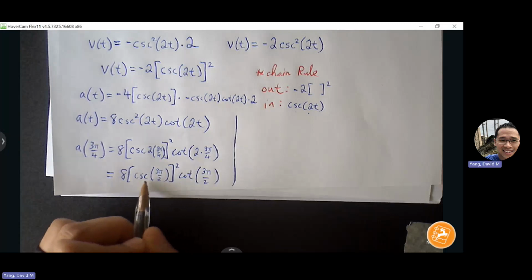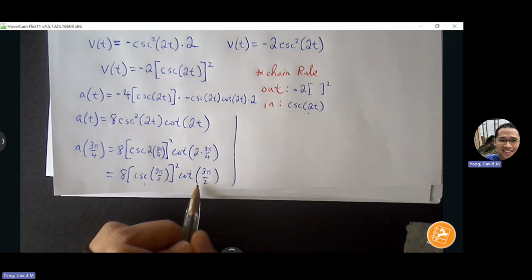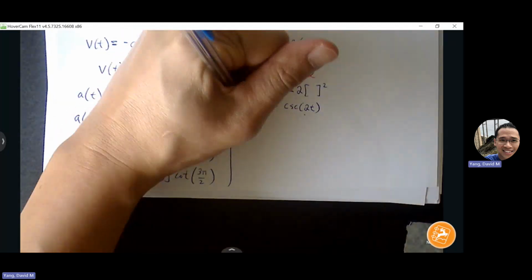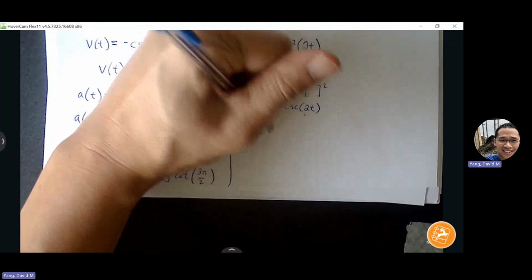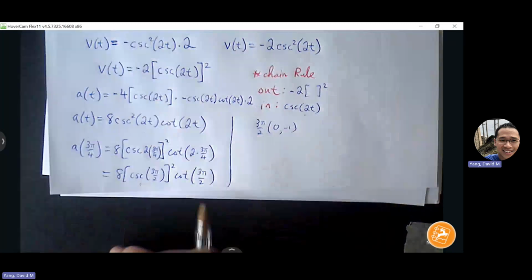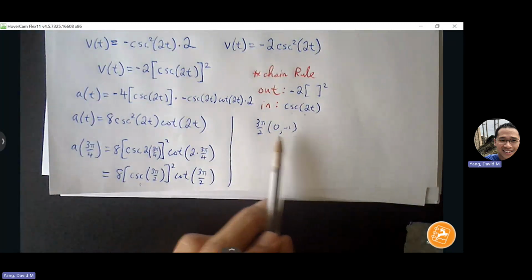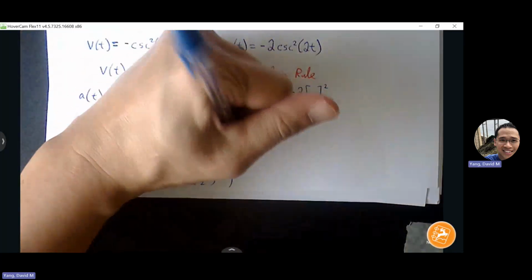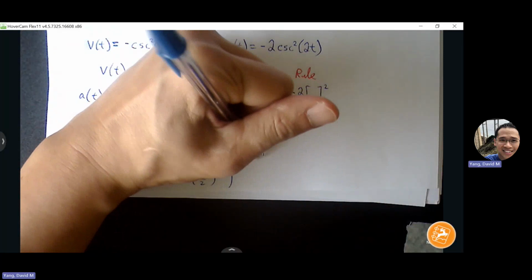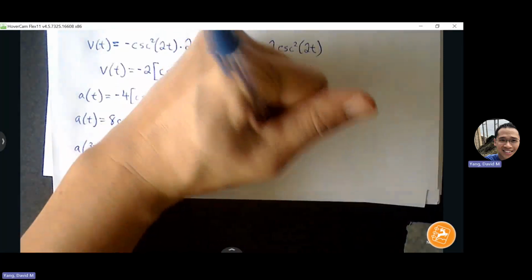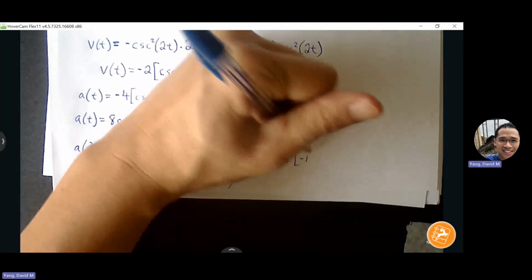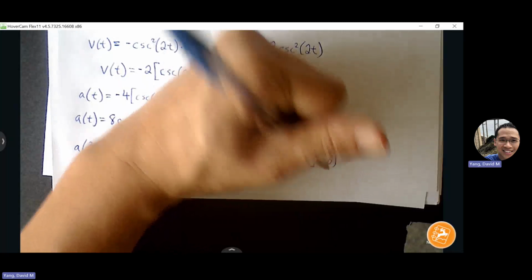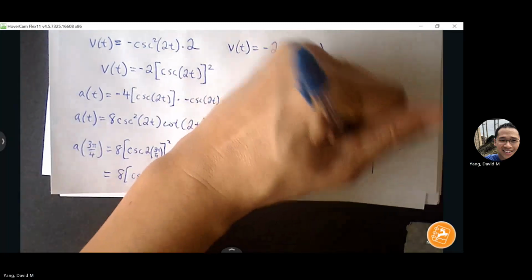If I flip negative 1, I'm still going to get negative 1. So there's just negative 1 here. Cotangent of 3π/2, you know the ordered pair at 3π/2 is (0, -1). Cotangent is just x over y, so 0 over negative 1 is 0. Anything times that is going to end up being 0, because that 0 is going to cancel everything out. So 8 times negative 1 squared times 0 is 0.